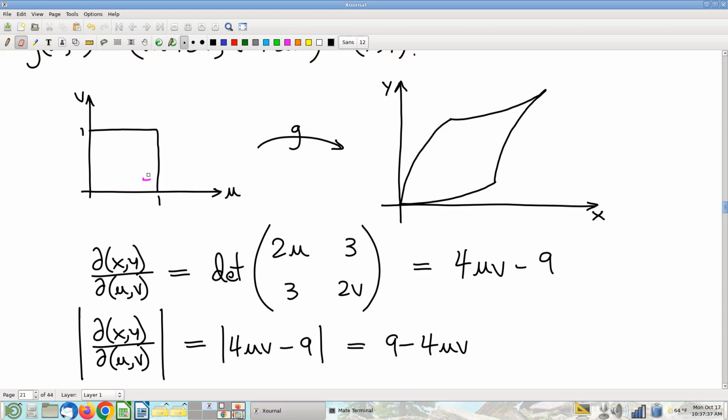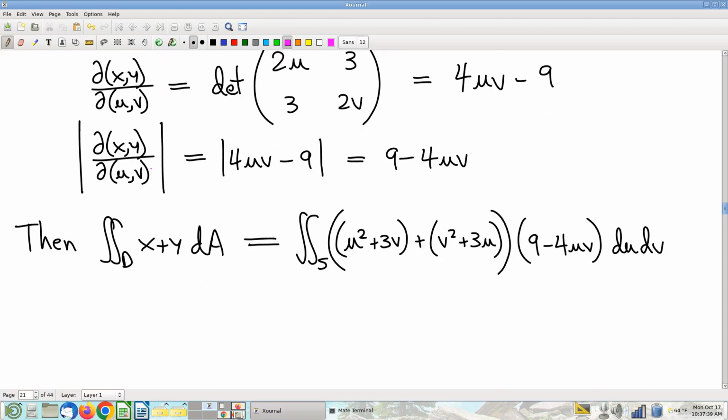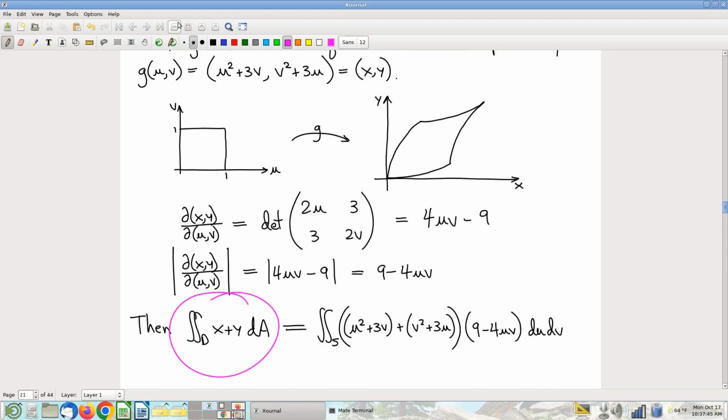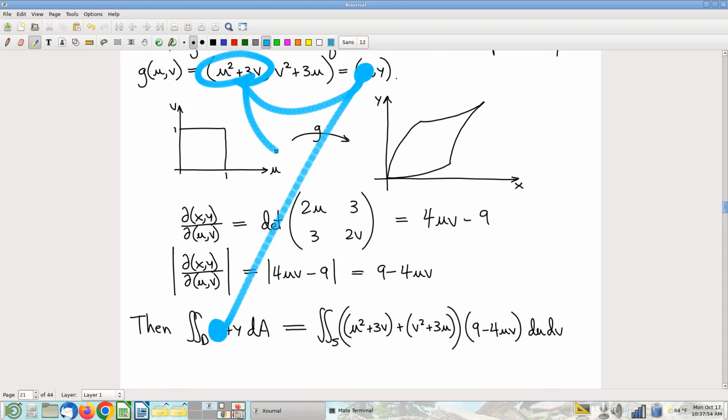Okie dokie. So we've got our stretching factor and we're in business. Here's the integral that we were asked to compute. Notice the pullback, and I'm going to zoom back out so I can emphasize. You do the pullback by everywhere you see an x, you got to rewrite what x is. And you got to remember to do it.